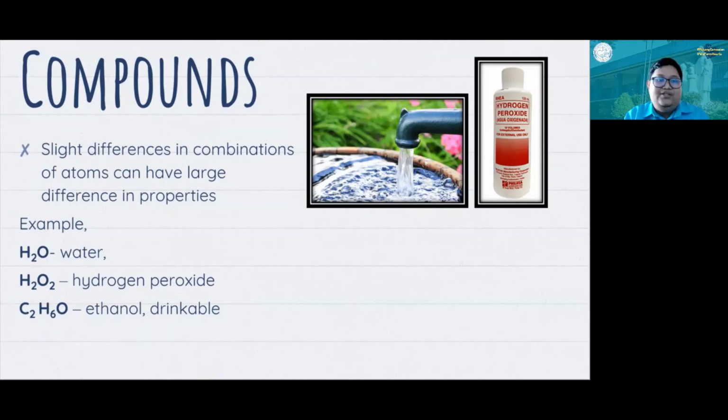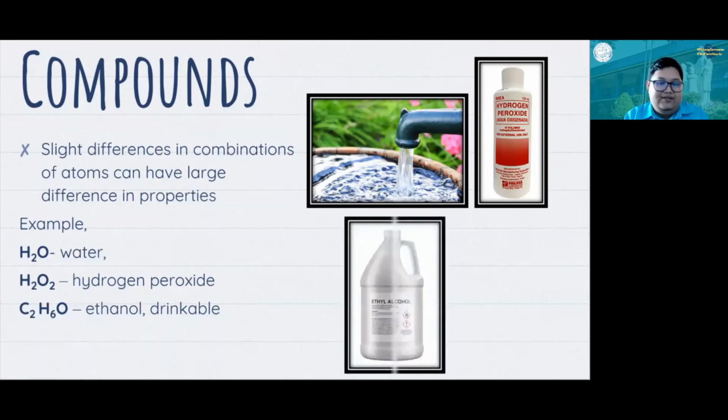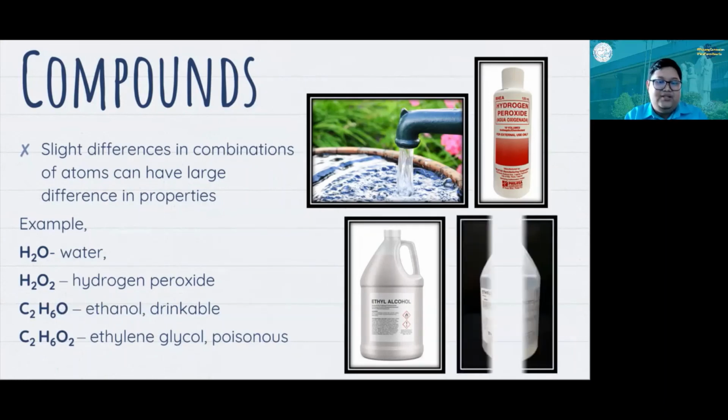But if we change the composition of ethanol, let's say for example, we make it C2H6O2, we add one more oxygen atom, it will not be ethanol anymore. It will become ethylene glycol, which is a poisonous liquid. Therefore, slight differences in combinations of atoms can have large differences in the properties.